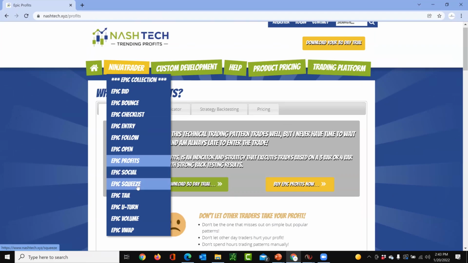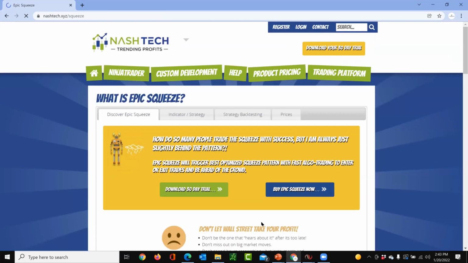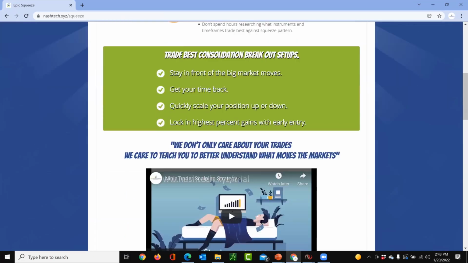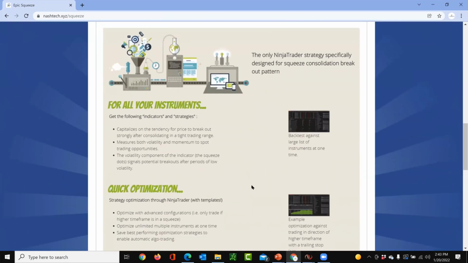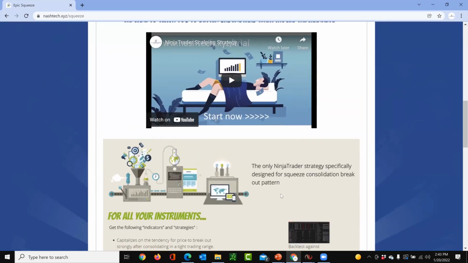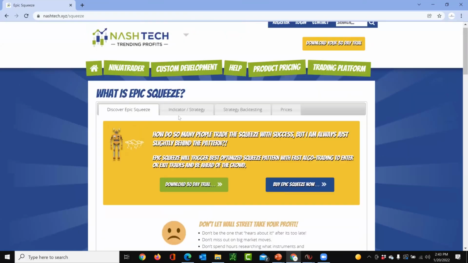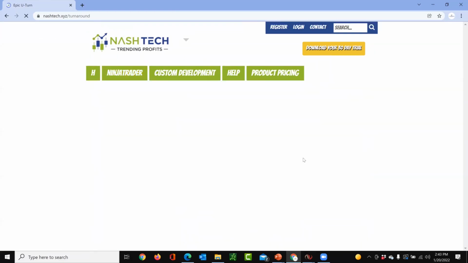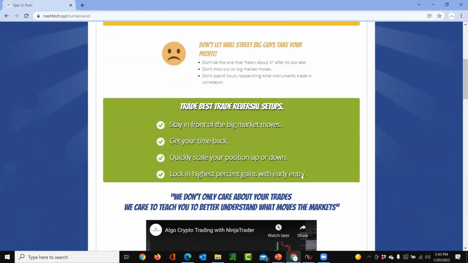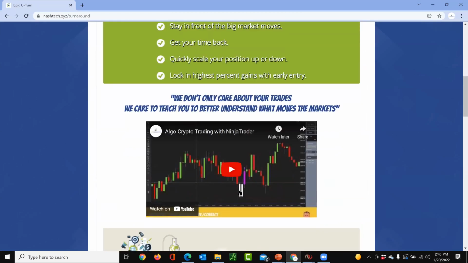Epic Squeeze is based on a TTM Squeeze, it's more in the options if you're familiar with that setup. And again, there's videos for all of these, so you can go check these out. Hopefully you will enjoy these, be able to use them in different trades. Epic U-Turn is a pattern with 2 significant engulfing bars, and that usually is either a reversal or a continuation.